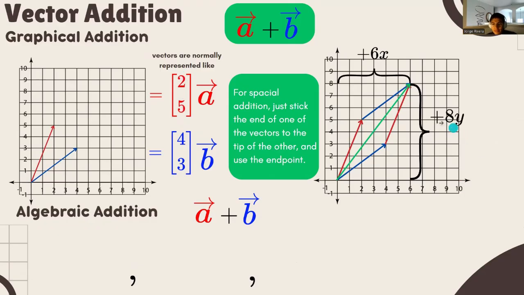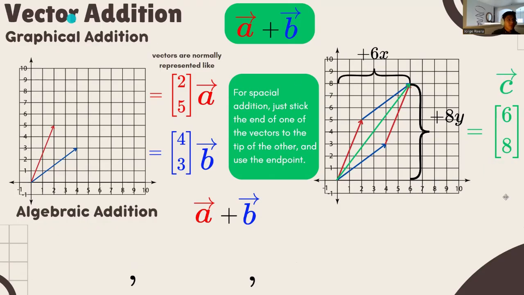And right here, it's going to be plus 8, because the addition of the vertical displacement is 8, because it's 2 plus 4 and 5 plus 3. So we can see this spatially laid out right here. And so that gives us, because it moves 6 forward and 8 up, we can create this new vector of 6 over 8. And that's how we make this new vector C.